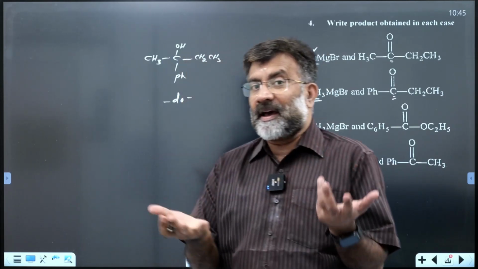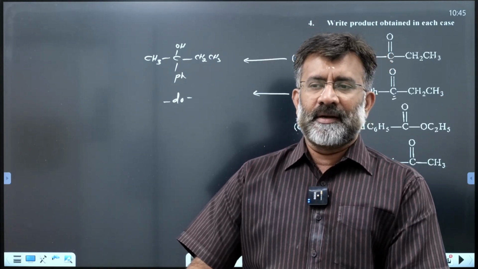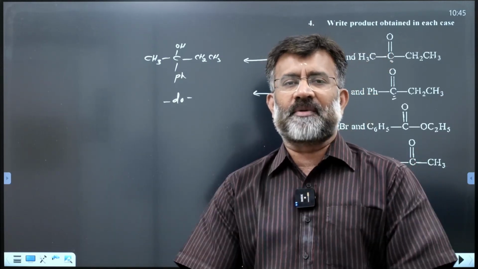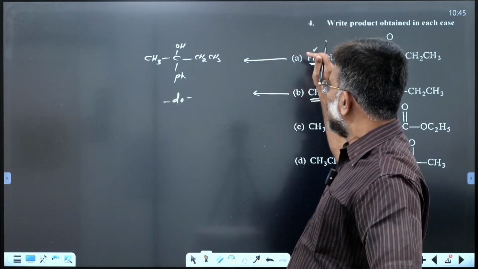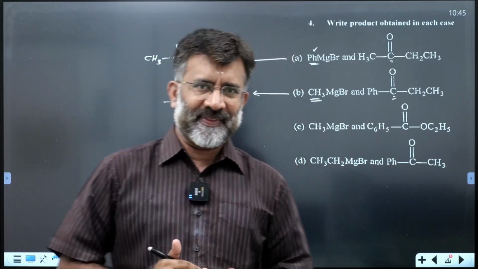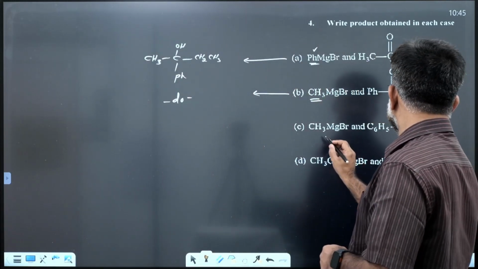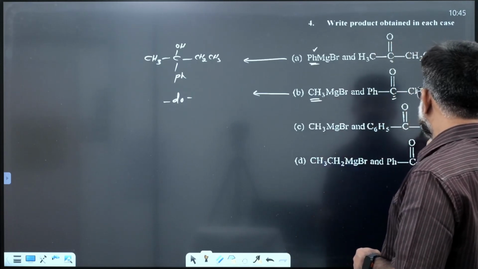See, that is another way which we usually come across: different combinations giving the same product. So here you can see A and B reaction. The combination is different, but the product is the same. Right? What about C? Here it is an ester.